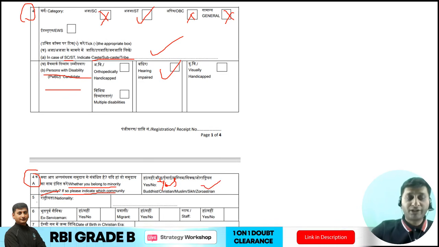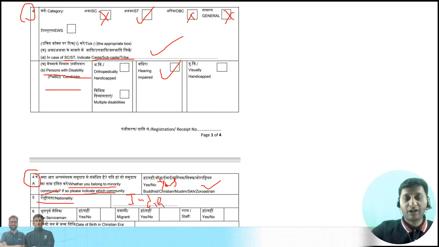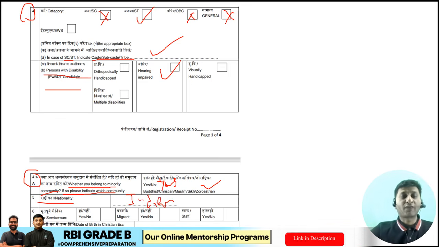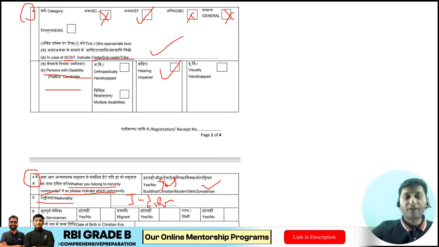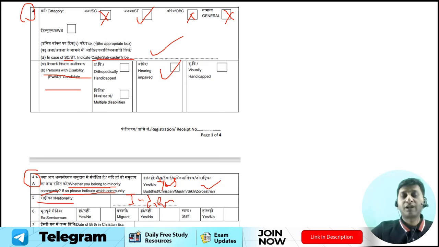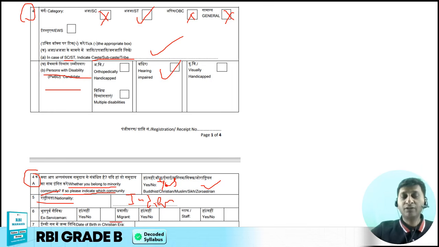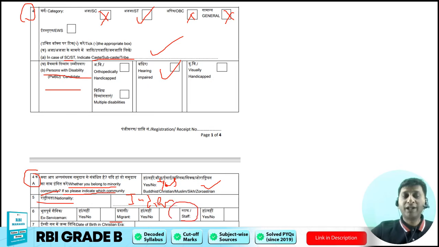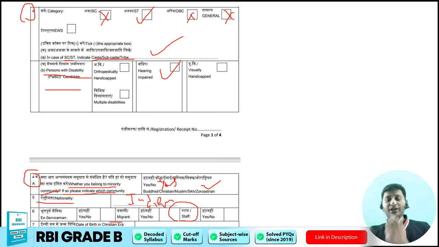Then you have to mention the nationality. Most of you would be Indian, so you can write here nationality as Indian. Wow, what a proud feeling. Then whether you are an ex-serviceman, tick yes or no as per your appropriate classification. Migrant, again tick yes or no. And staff, that is whether you are already working in RBI, say as RBI assistant or any contractual post, then tick yes.